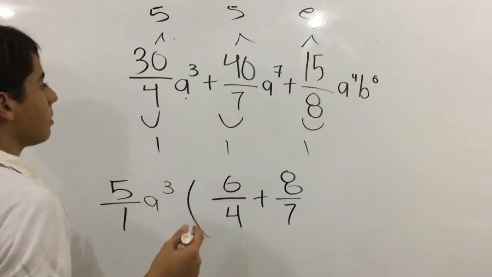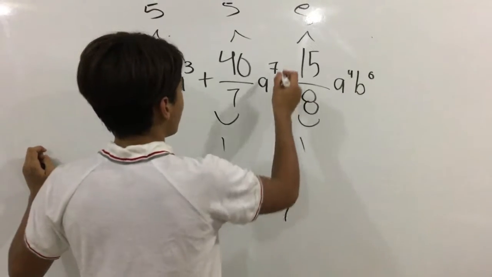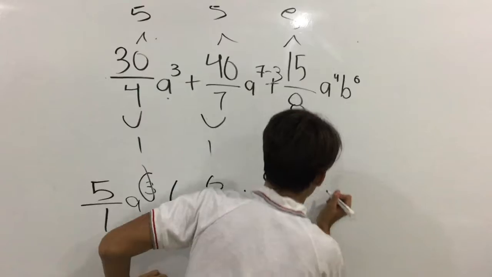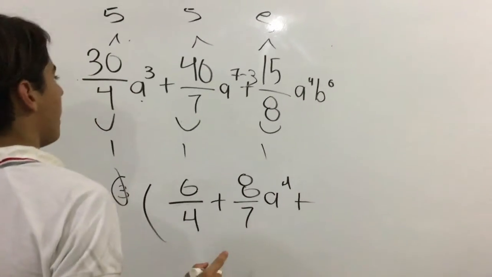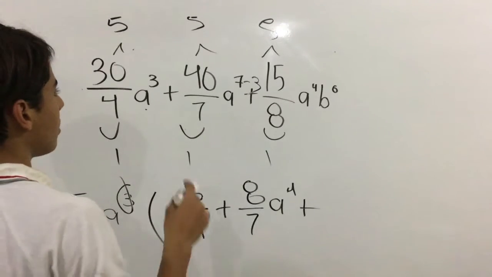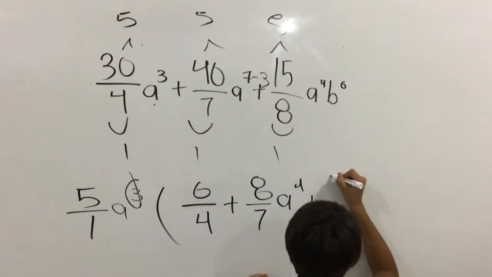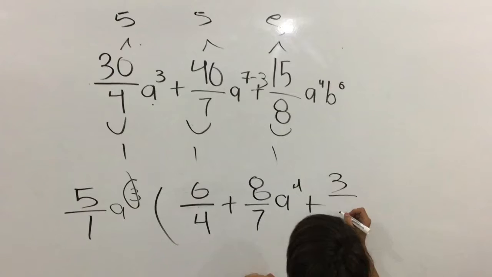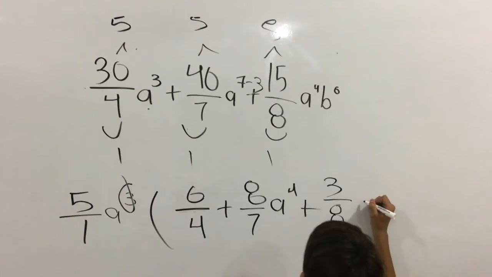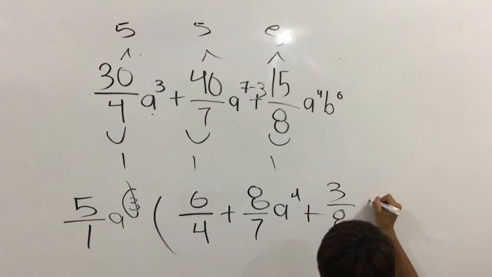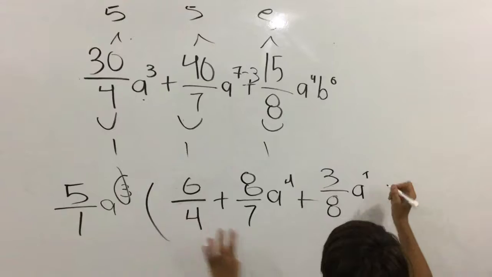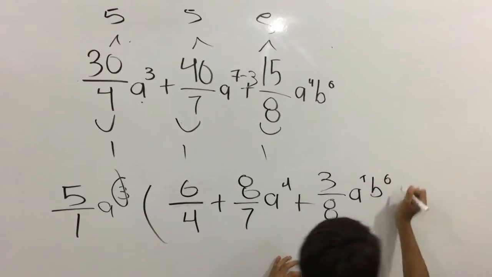What we need to do with exponents is subtract. 7 minus 3, it would be a 4. And from 15, from the next fraction, it would be 15, 3 and 8. The exponent would be a1, and as for b, there is no other b, so it would be the same, b6.